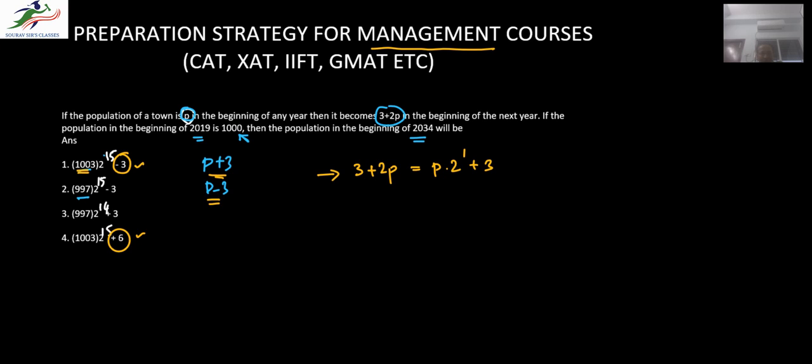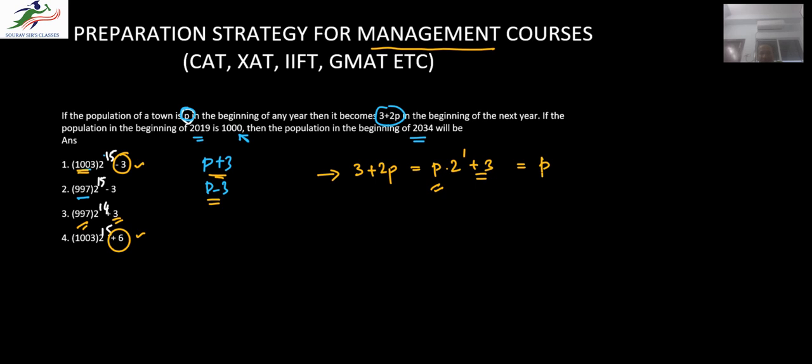Now we can clearly observe that if I have plus 3 and in option 3 I have plus 3, then it has to be of the form P minus 3. But if I have plus 3, I am getting P. So I have to convert this to P minus 3 or P plus 3.